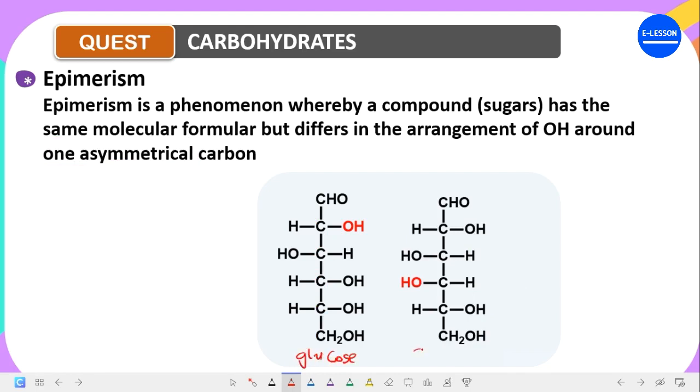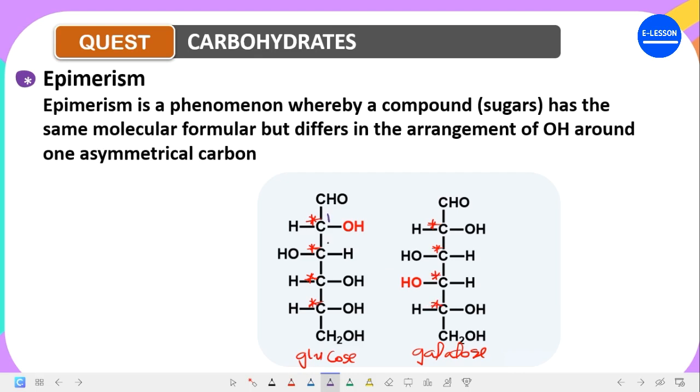Now, what structure is this? This is the structure of galactose. Of course, we know that this is chiral, this is chiral, this is chiral, and this is chiral. Okay? Now, we all know the numbering.